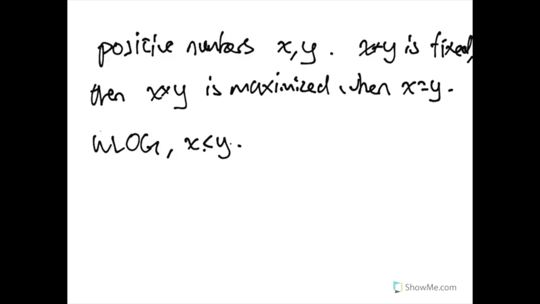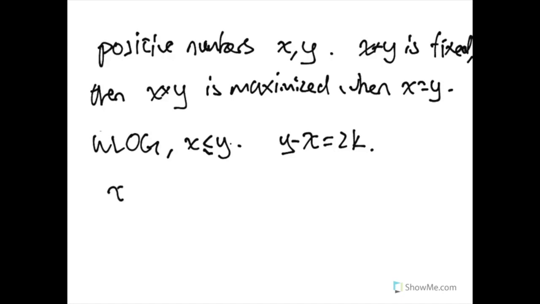Actually, it should be x is less than or equal to y. Then let's just say that the difference between x and y is 2k. In other words, the distance between each of x and y to their average is k.